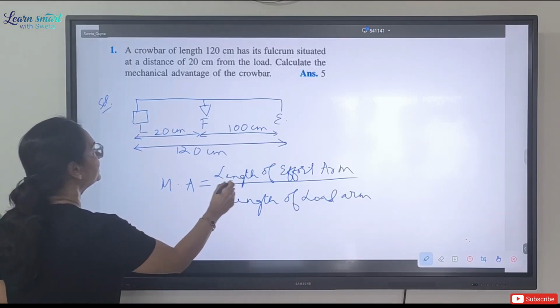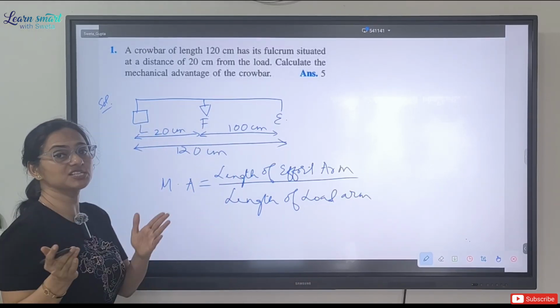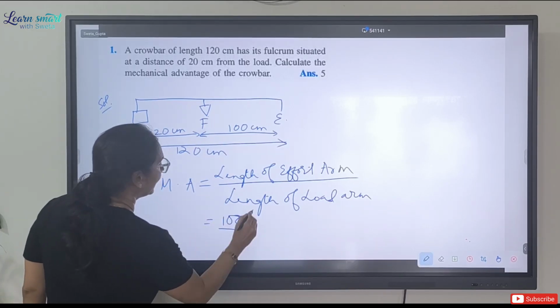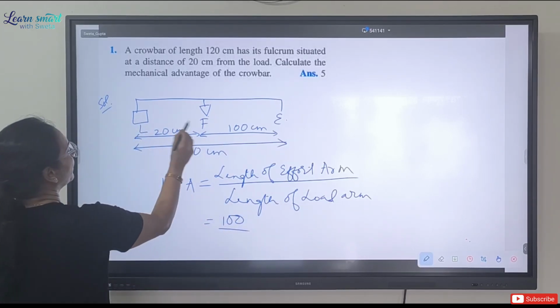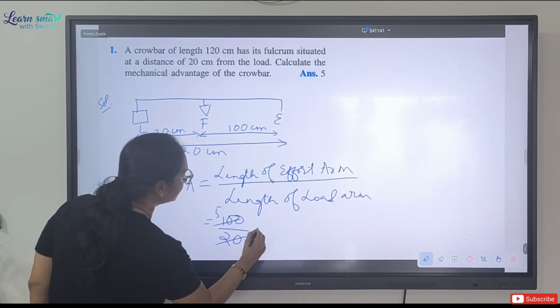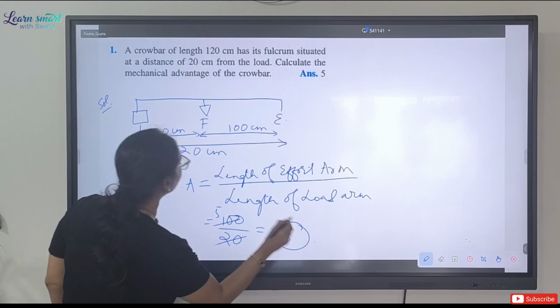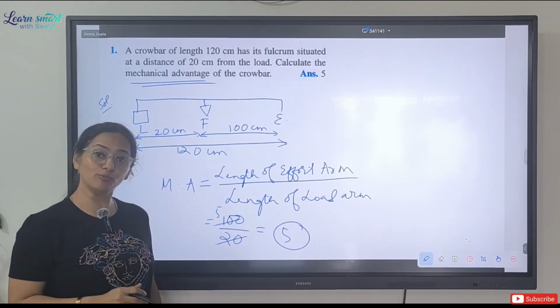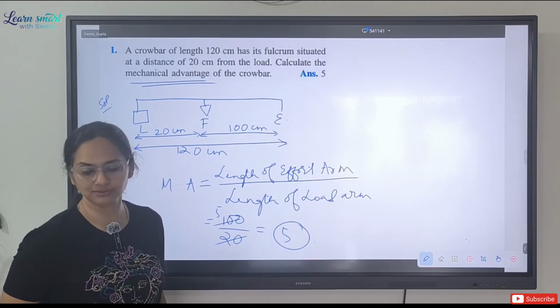And see, effort arm is the distance between effort and fulcrum, which is 100. And load arm is between load and fulcrum, which is 20. So we will get 5, which means the mechanical advantage is 5. I hope it is clear. Let's see the next question.